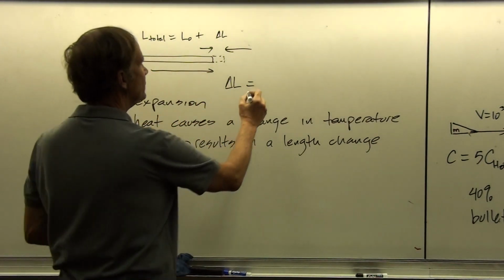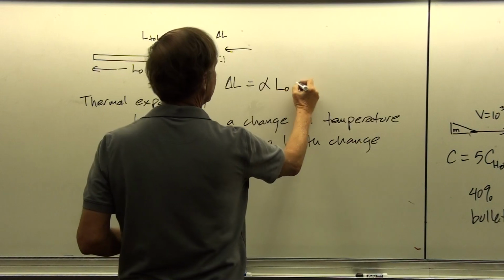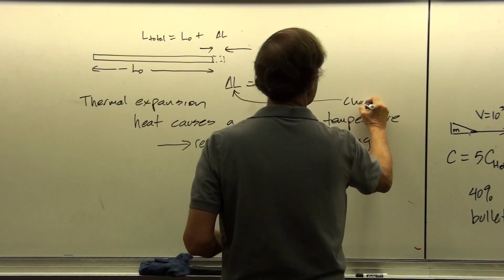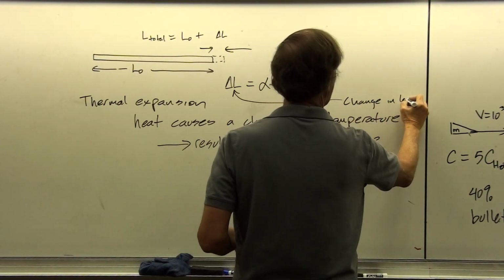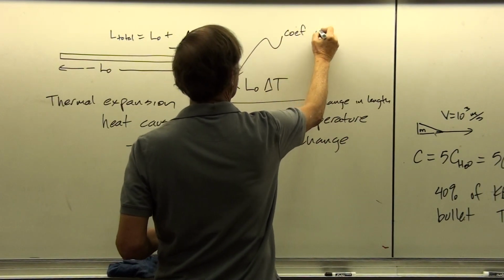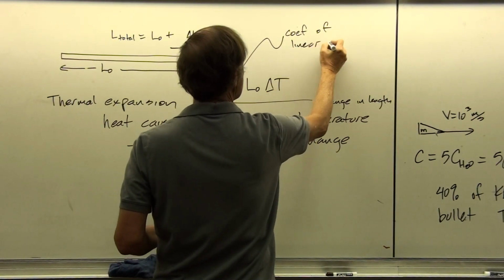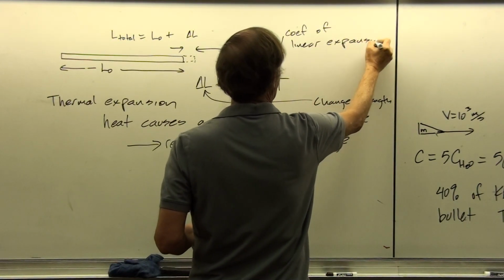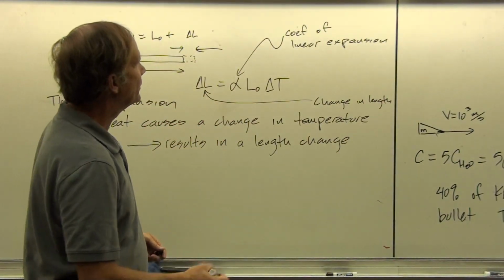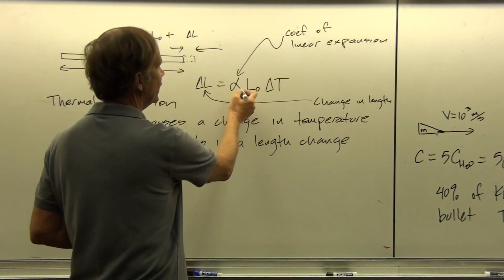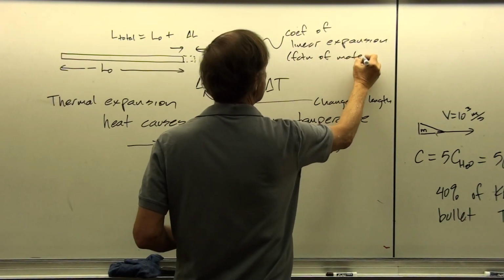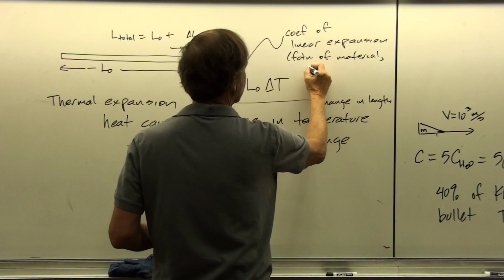So delta L can be written as alpha times L naught times delta T. Alpha is called our coefficient of linear expansion. This is a property of the substance that we're looking at, but also a property of temperature. Alpha can change with temperature, so it's a function of the material and in general also the temperature.